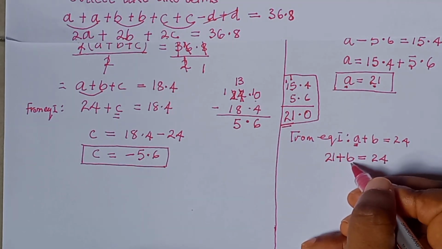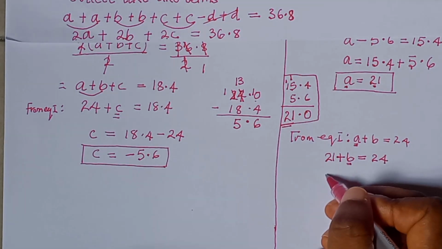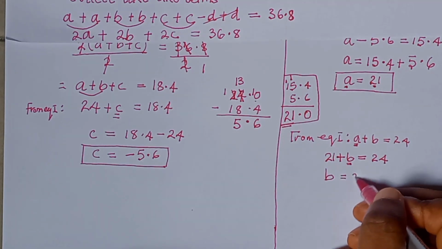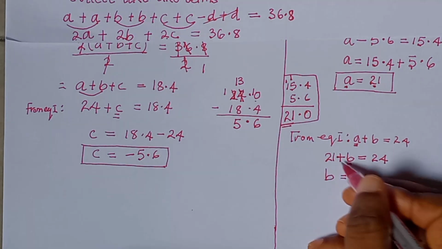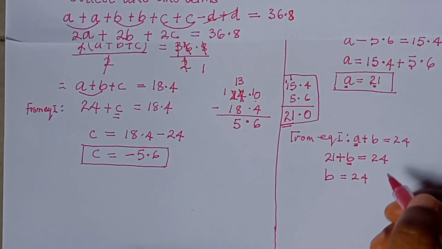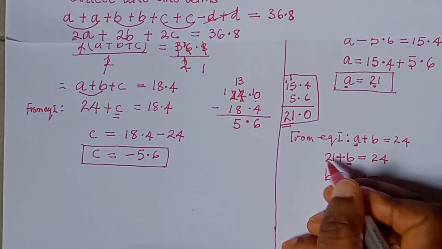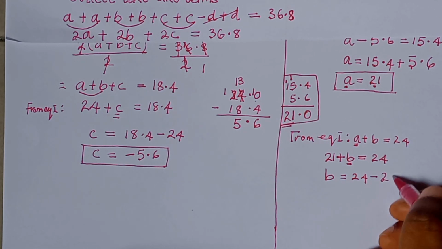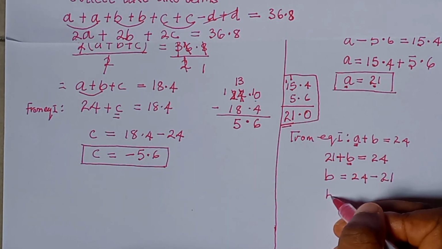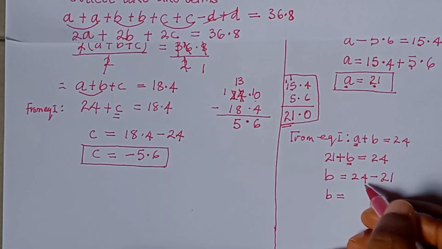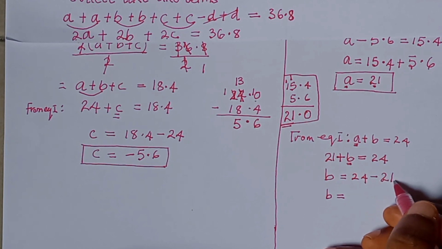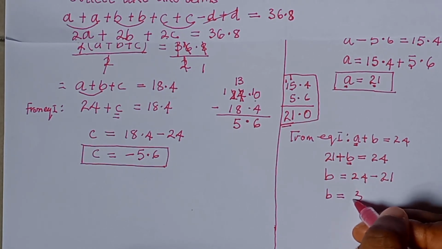For us to find our B here, we make B the subject of the formula. So B equals 24, 21 crosses the equality sign. It becomes minus because it's plus here. 21. So our B equals 24 minus 21, which is 3.